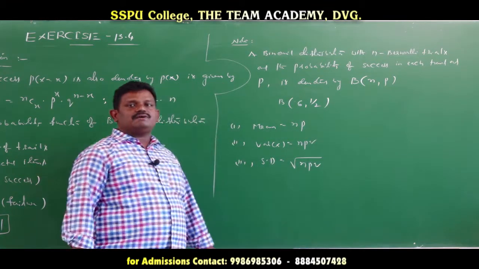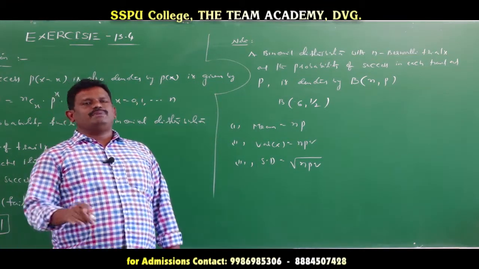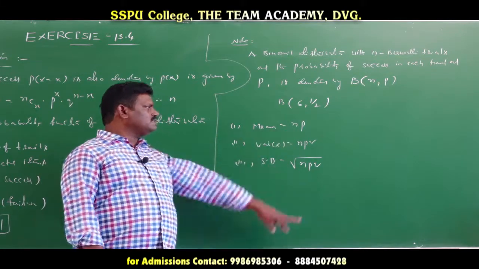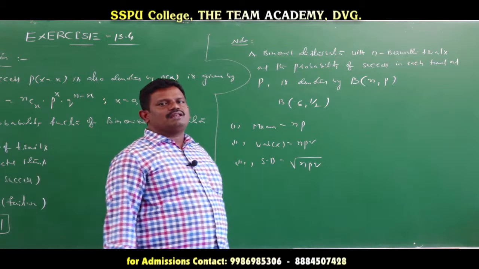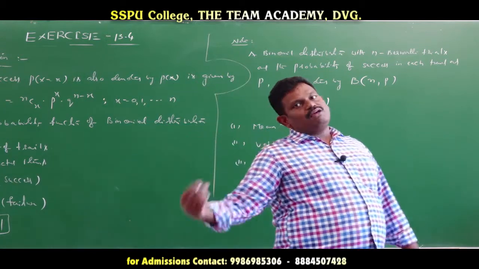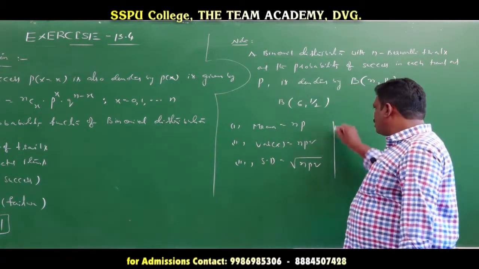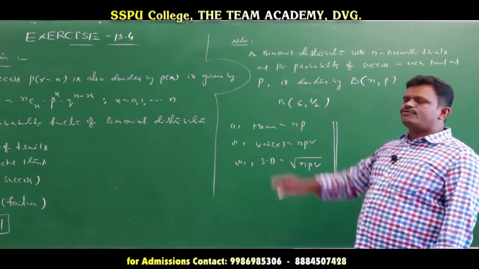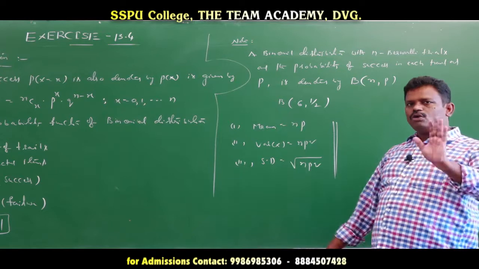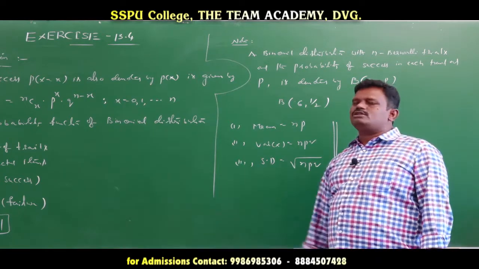These are important for competitive exams like CET or JEE Mains, while for the board 5 marks question the binomial distribution formula is what is useful.